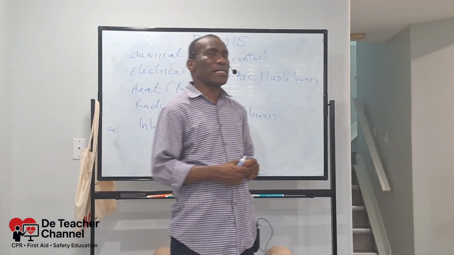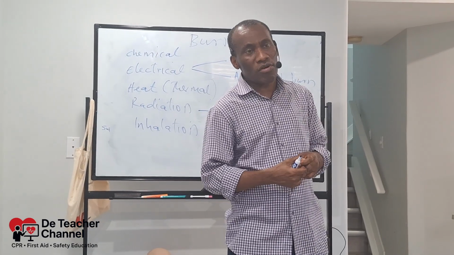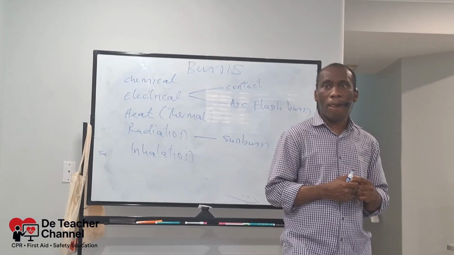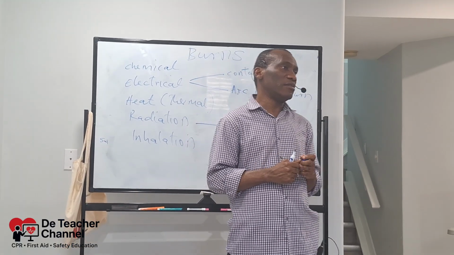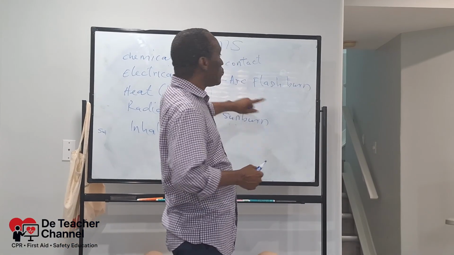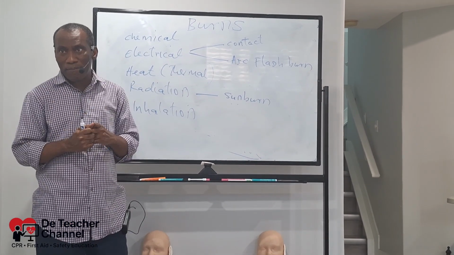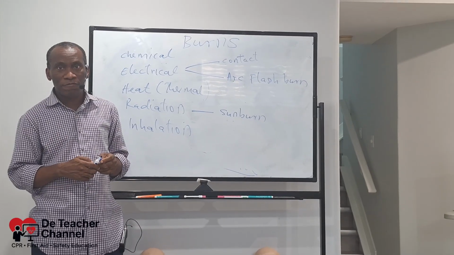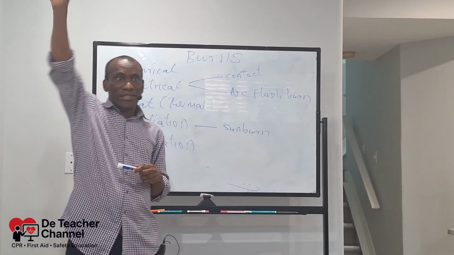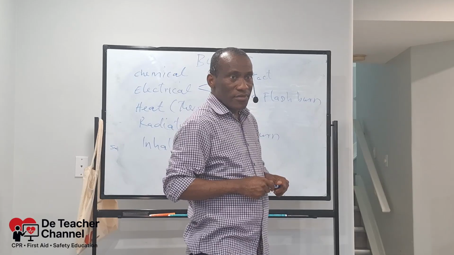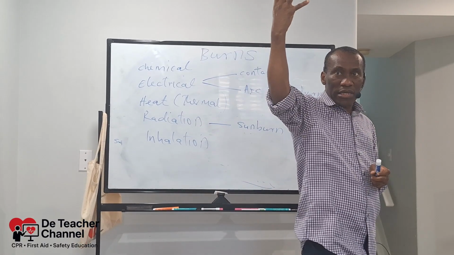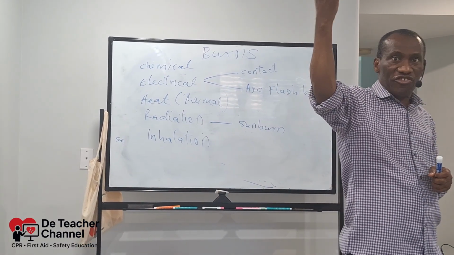Can anybody give me an example of arc flash burn? That's the one that people find difficult to understand. Does anybody understand? Give me an example of arc flash. Lightning. You know the thunder, when there is a thunder discharge.